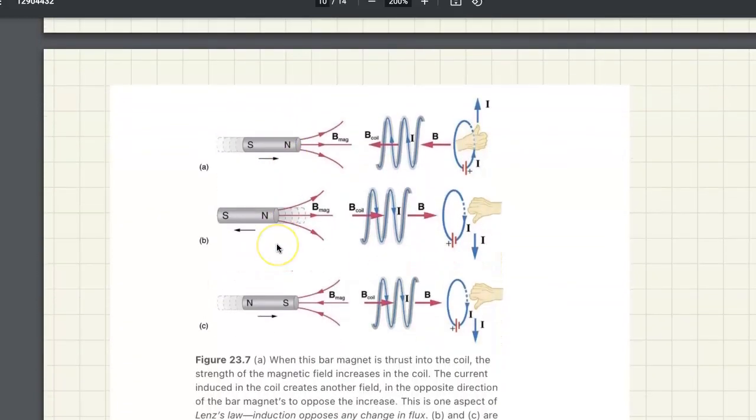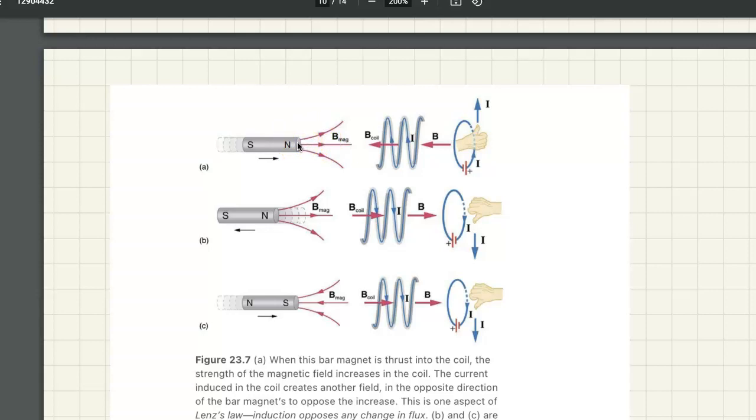Here I am showing you how we're going to apply Lenz's law. This is a bar magnet, and of course you know it has a north and south. When it comes closer to this loop, the flux is going to increase. Remember the magnetic field, B magnetic, this is my original. It is pointing to the right.